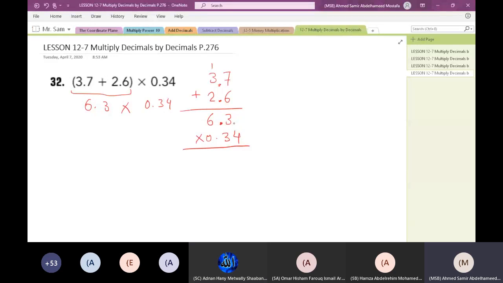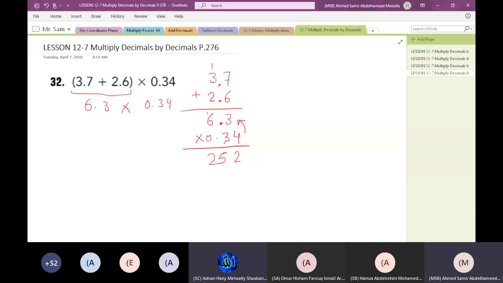Okay. All right, go ahead. So multiply right away. 4 times 3, 12. 2 and carry 1. 4 times 6, 24, plus 1, 25. All right. Then we put 0.